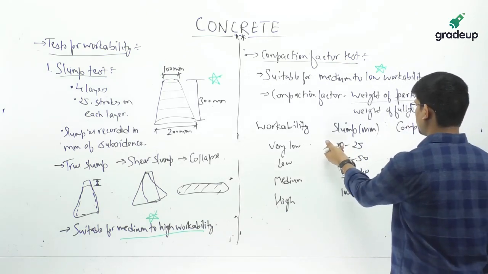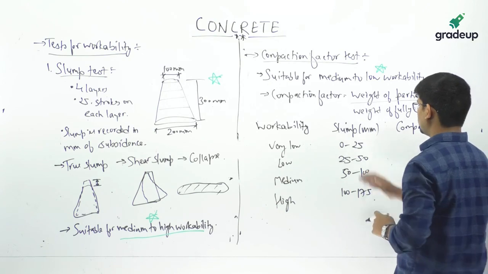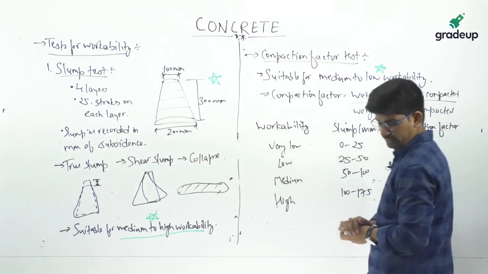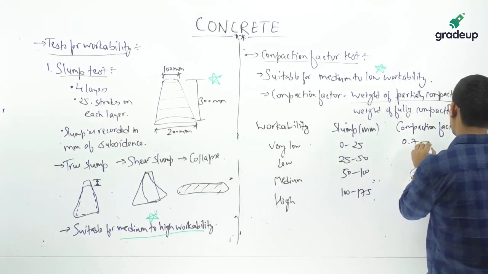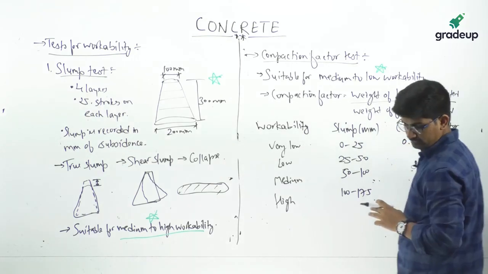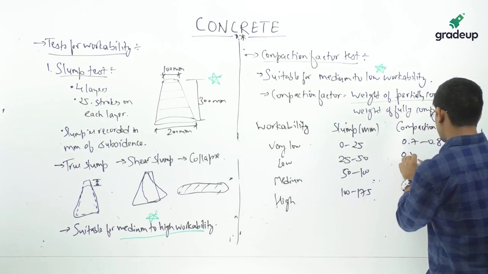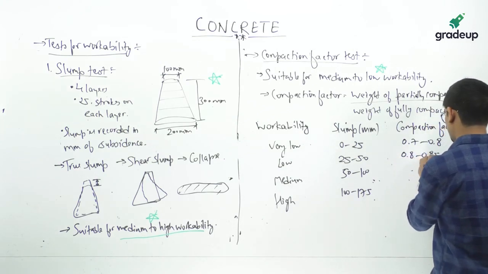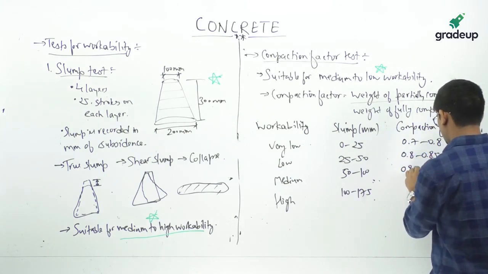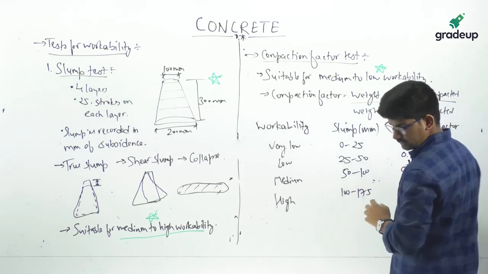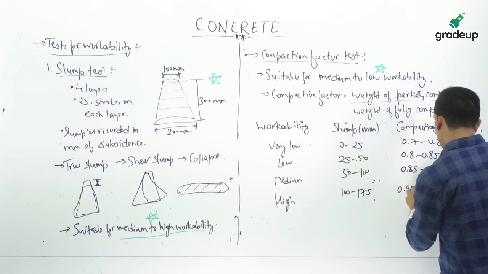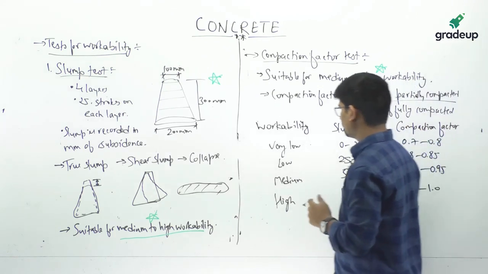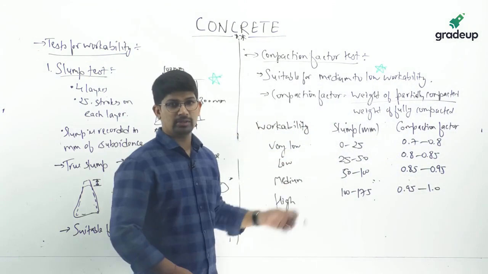Now compaction factor. Lesser is the slump, lesser is the compaction factor. So for very low it is 0.7 to 0.8. For low it is 0.8 to 0.85. For medium it is 0.85 to 0.95, and for high it is 0.95 to 1.0. So this table is very important.